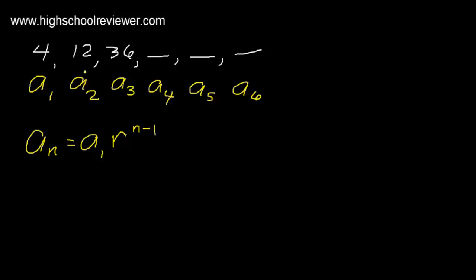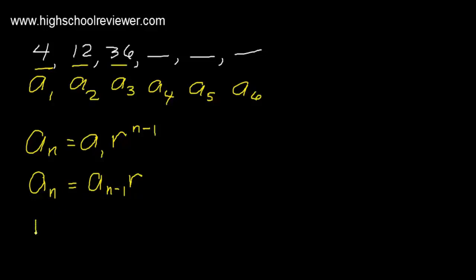But if the geometric sequence has consecutive terms like this one, and the missing terms are on the right side, we may use this formula: a sub n is equal to a sub n minus 1 multiplied by r. But what is r?